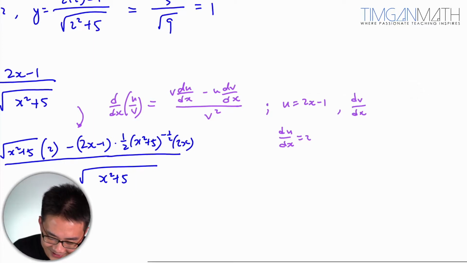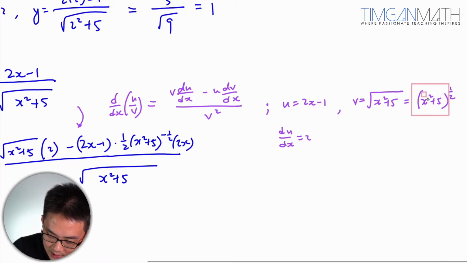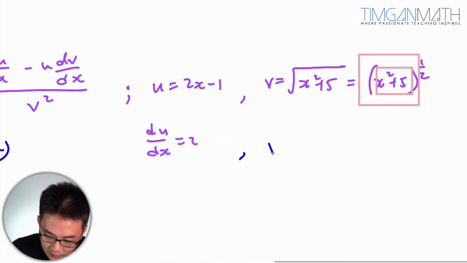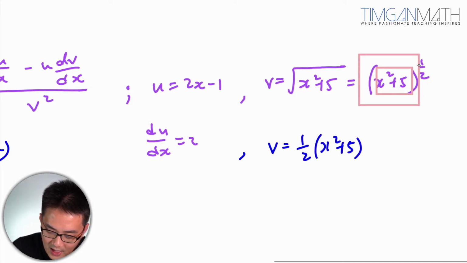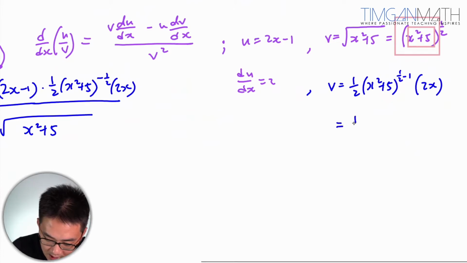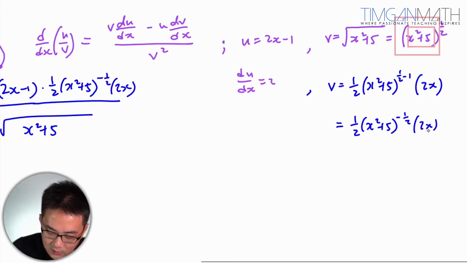My v will just be square root x squared plus 5, which happens to be x squared plus 5 to the power of half. Just put the outer layer and inner layer here. So with the chain rule, I bring the half down, so it's half x squared plus 5 to the power of half minus 1, which is negative half, times 2x. Slowly, you will get half x squared plus 5 to the power of negative half times 2x, which is what I got here.